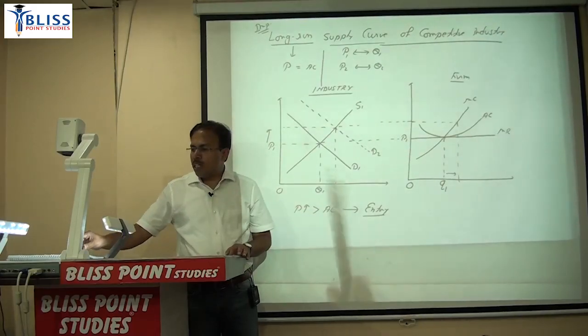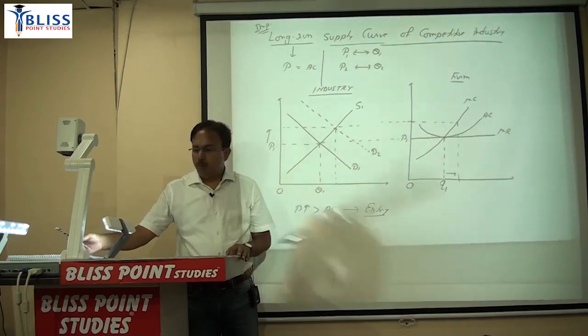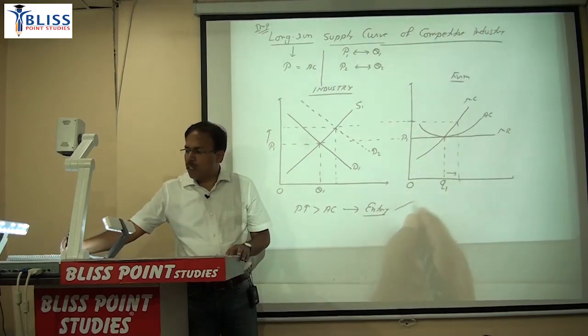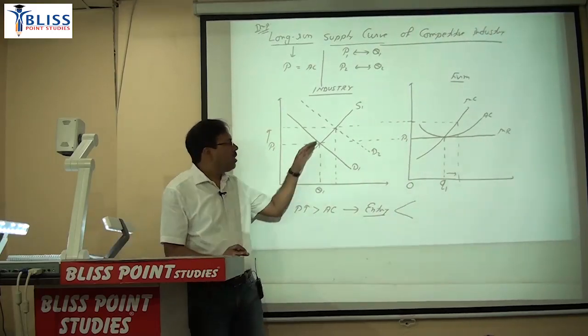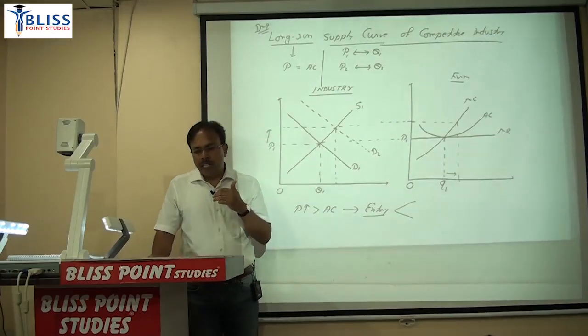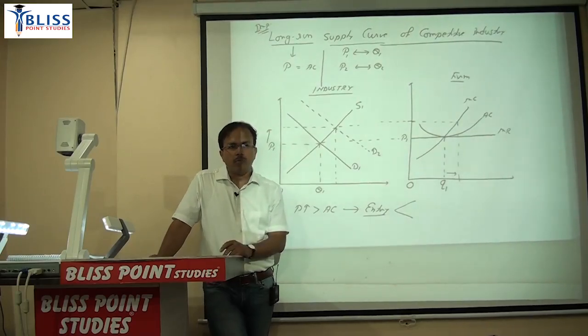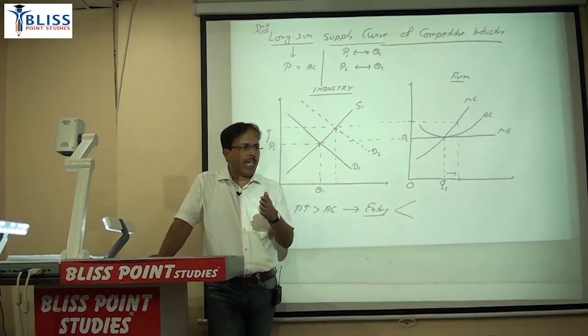As new firms enter, this supply curve will shift to the right. But there will be two effects of that entry. One, the supply curve will shift to the right, and second, as new firms enter the market, there will be greater demand for input also. If the number of firms in the market increases, they are entering the market to produce output.